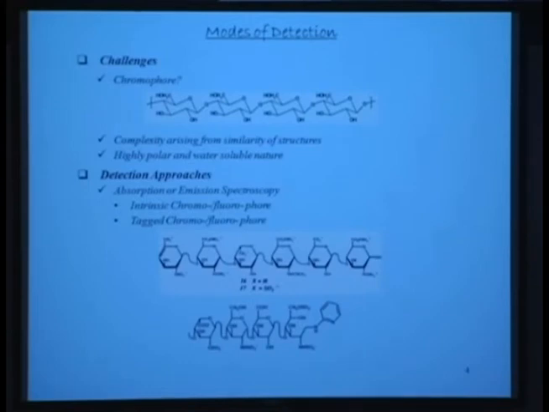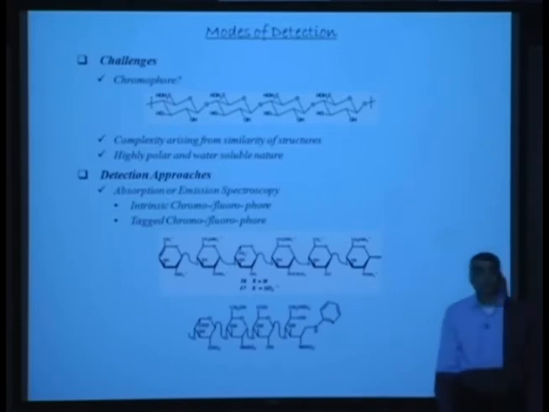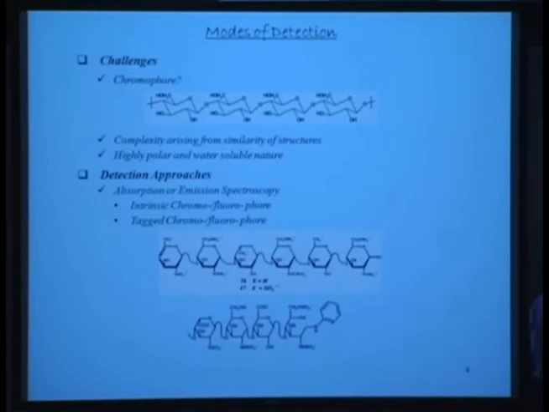So what do we do? We reduce it, and the most common reducing agent is sodium cyanoborohydride. And sodium cyanoborohydride is going to give you a strong covalent bond that cannot be hydrolyzed.